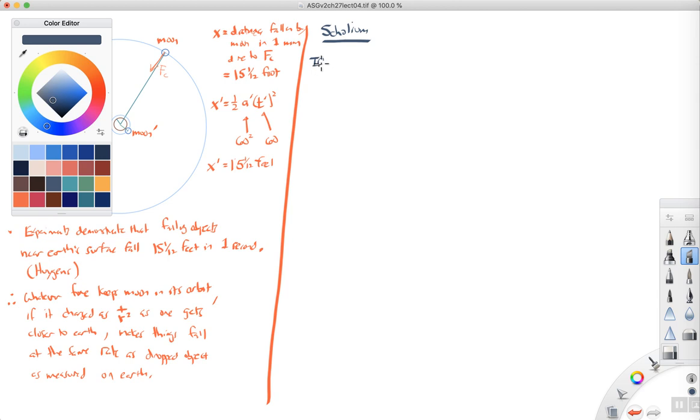If the Earth had several moons, so consider that possibility, more than one moon, then these moons would obey Kepler's third law.